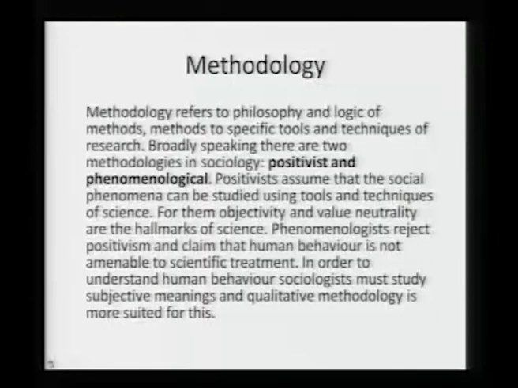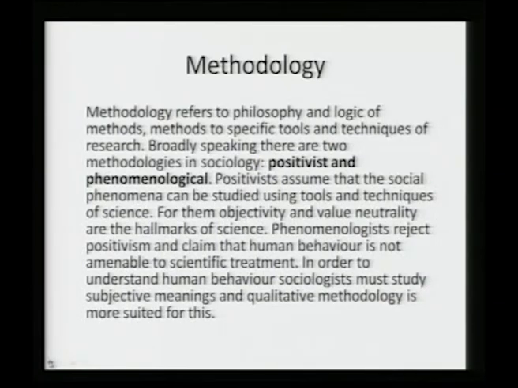Positivists assume that the social phenomena can be studied using tools and techniques of science. For them, objectivity and value neutrality are the hallmarks of science. So, if sociology has to become science, it must use objectivity and value neutrality.